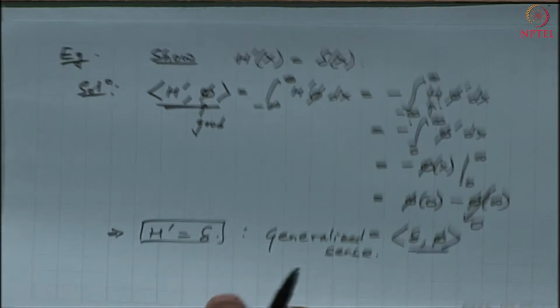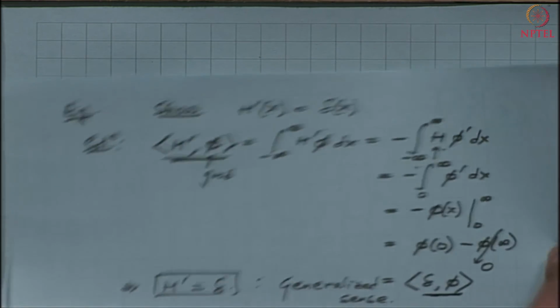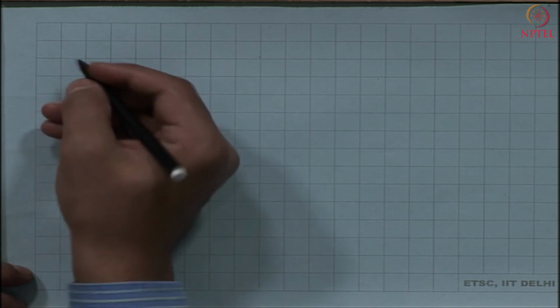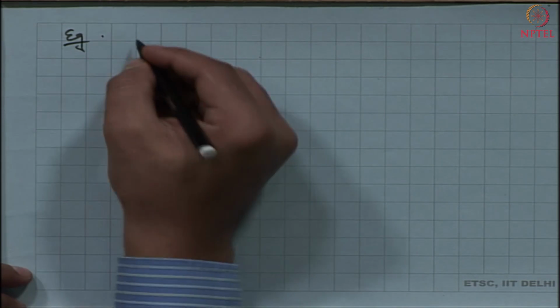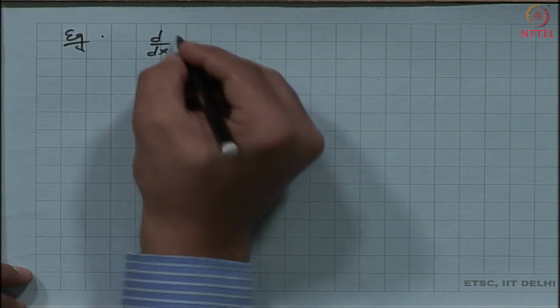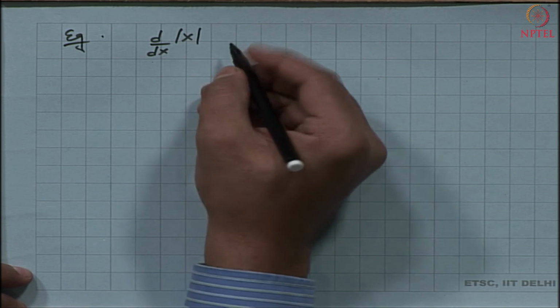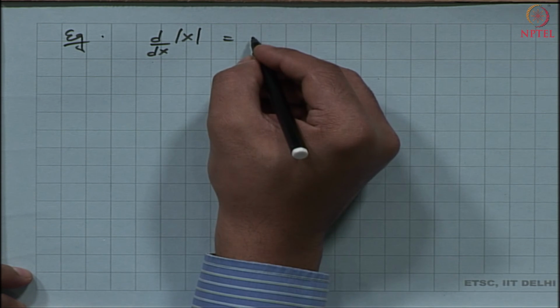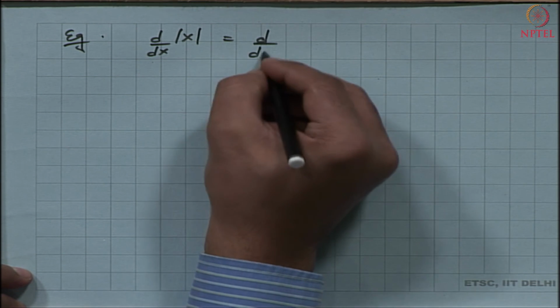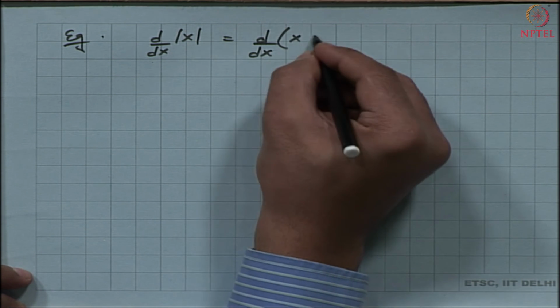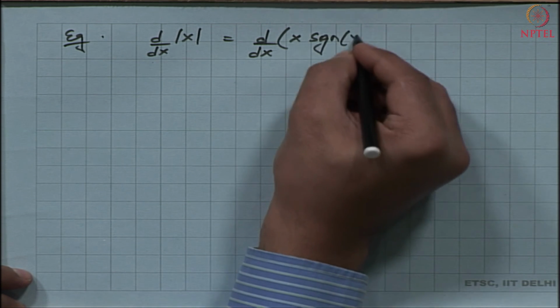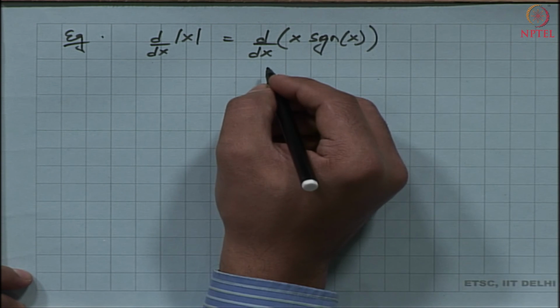Okay. Then there is one more example I need you to see. The derivative of the absolute value of x. You can check that this is also the derivative of x times sign of x, and you can check that this is indeed the case.